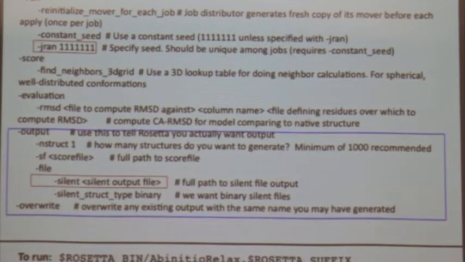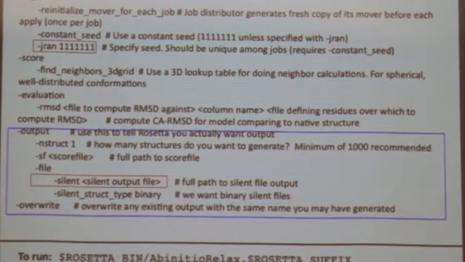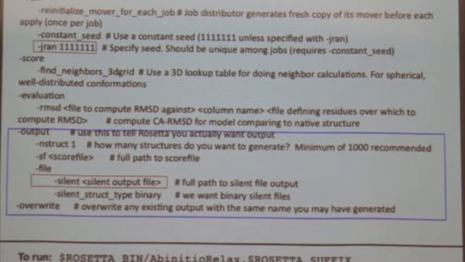And so the way to fix this is whenever you're running on a cluster, you do the -jran and give it a different random seed. Otherwise, if you're running on a cluster, it will make it specific to that time. That only defaults to the 1111111 whenever you use the flag -constant_seed, just to clarify things.